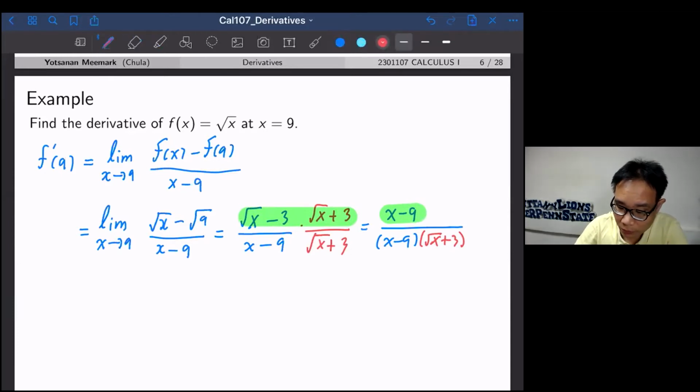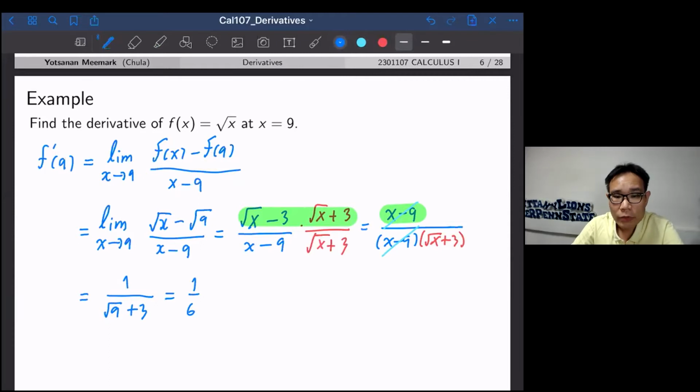So this guy and this guy will cancel each other and disappear, and you're just gonna get the limit as x goes to 9 of 1 over square root x plus 3. So it's gonna be 1 over root 9 plus 3. So it's gonna be 1/6. Okay, so this limit equals 1/6.